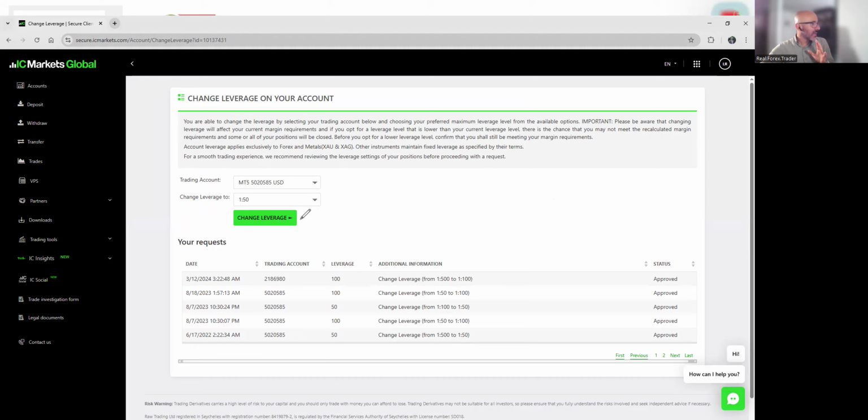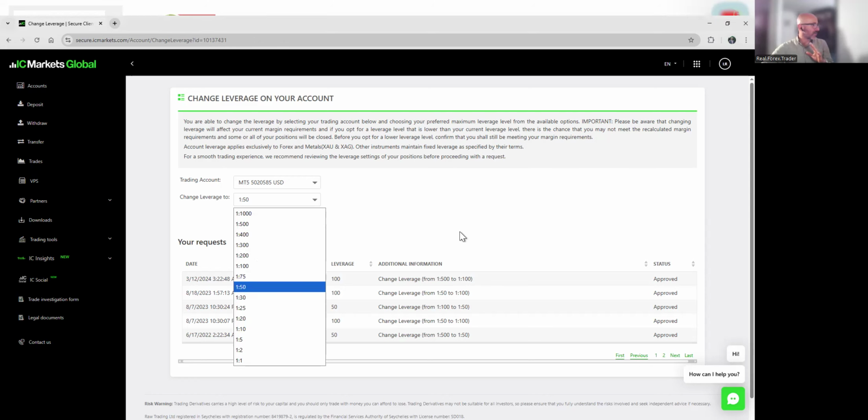So let's talk about how the leverage works. Look at this. For example, on my account, you can see all those leverage options. When we talk about leverage, it is expressed in ratios, such as 10-1, 50-1, 100-1, or even higher, as you can see here on the screen, even 1 to 1,000, right?